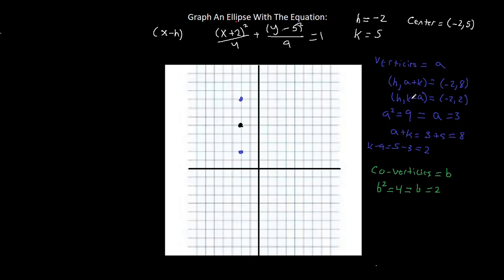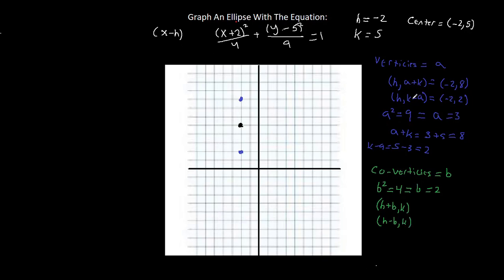Similarly to the vertices, our co-vertices can be written in terms of h, b, and k. And if where I'm pulling these from confuses you, we have a video that outlines how these things are related. The co-vertices are going to be in the x direction, with values of h plus b, k, and h minus b, k.